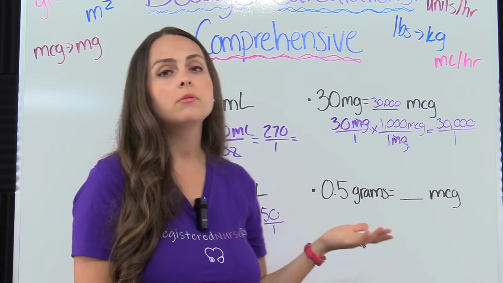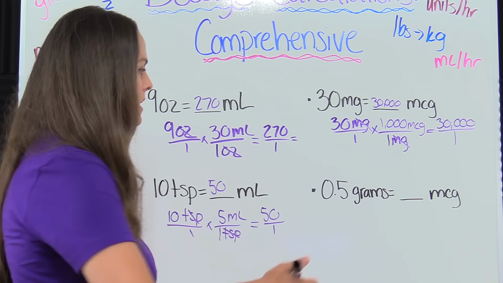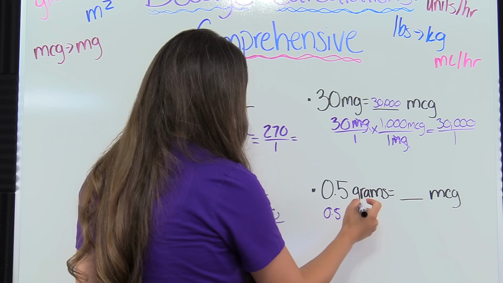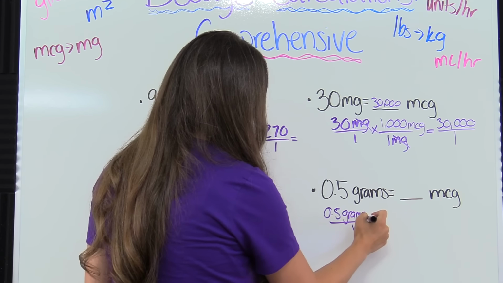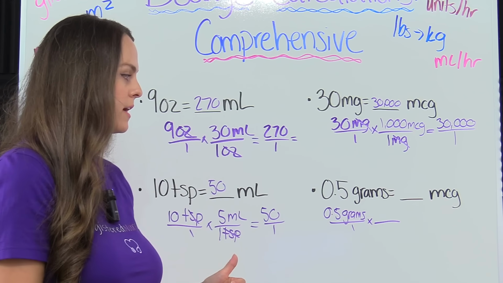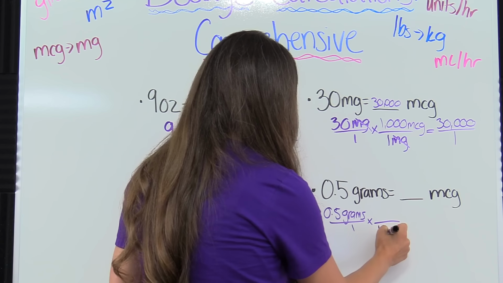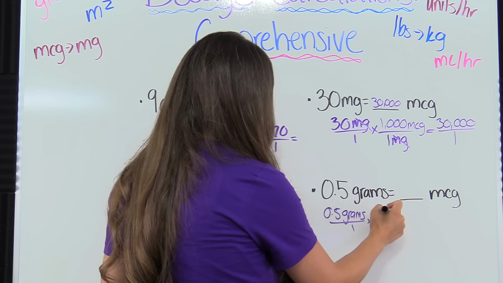Then over here, our next problem says 0.5 grams equals how many micrograms? So let's go ahead and set our problem up using dimensional analysis. So 0.5 grams. And we have to think back to our metric table. We know that there is 1 gram in 1,000 milligrams.